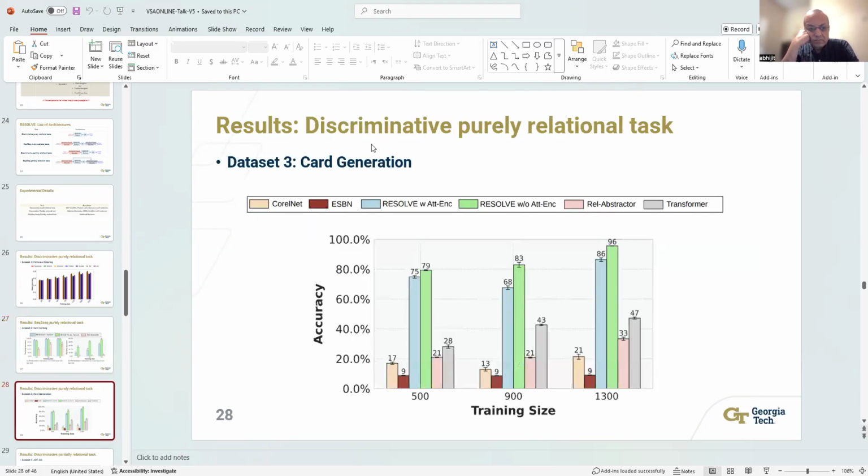So here we have the results for the discriminative purely relational task. The dataset 3, the card generation. As you can see, the ReSolve without the attention-based encoder outperforms all the other baselines, by almost 2 times compared to the transformer.